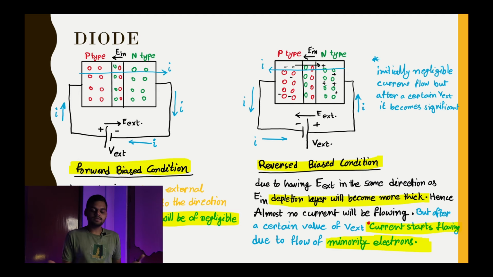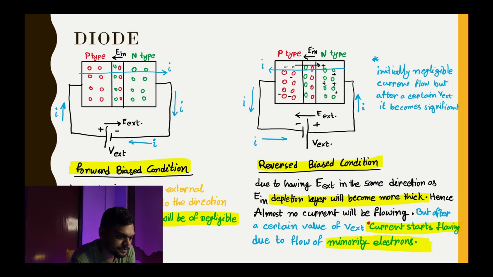As the name suggests, it's just swapping the polarity of the battery. Like a diode is here, p type semiconductor, n type semiconductor, and the n type is connected to the anode part, which is positive, and the p type semiconductor is connected to the negative terminal of the battery, which is the cathode.